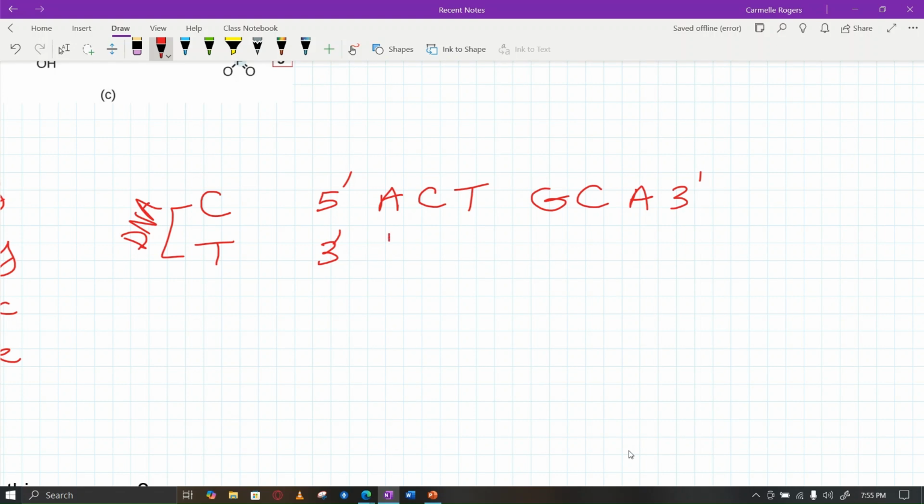A pairs with T, G with C, T with A, C with G, and A with T. And we have 3 prime on the right for our coding, so that would be 5 prime on the right for the template. All right. Now let's find the messenger RNA and the tRNA.